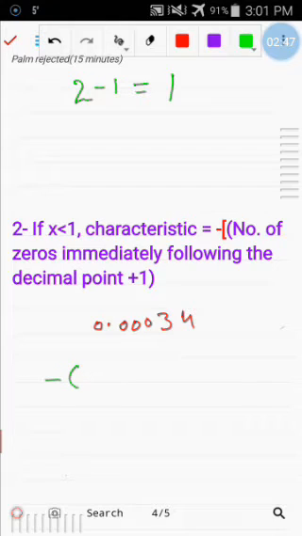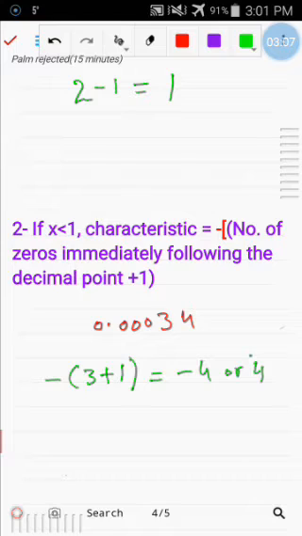The total number of zeros is 3, plus 1. So the characteristic of this number is equal to minus (3 plus 1), which is minus 4. We can also write it as 4 bar.